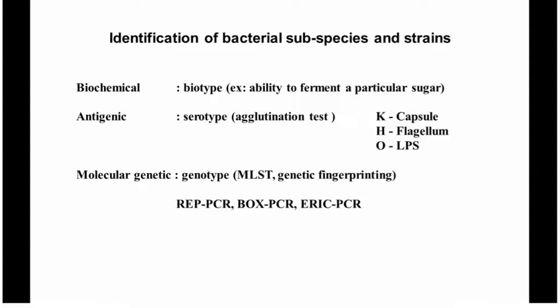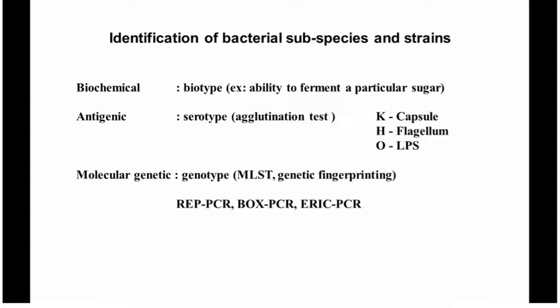So what this is, you have the bacterial chromosome like this. And somewhere in here you have these, so rep is repeated palindromic. So you have these repeated sequences distributed all the way around the chromosome.